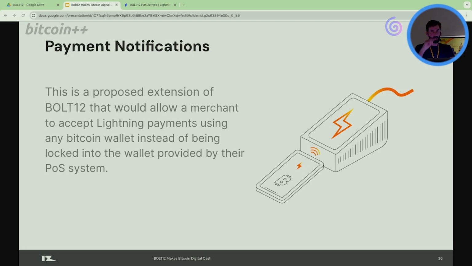They may want to have a mechanism for the point of sale to show an offer, but have the invoice request and the invoice go to the merchant's wallet, and have the point of sale be notified of a completed payment. The offer, if you will, is going to be a one-time generated offer in that case, so they could update all the bookkeeping for them. So that's still in the works, but hopefully this year we'll have a more solid proposal.